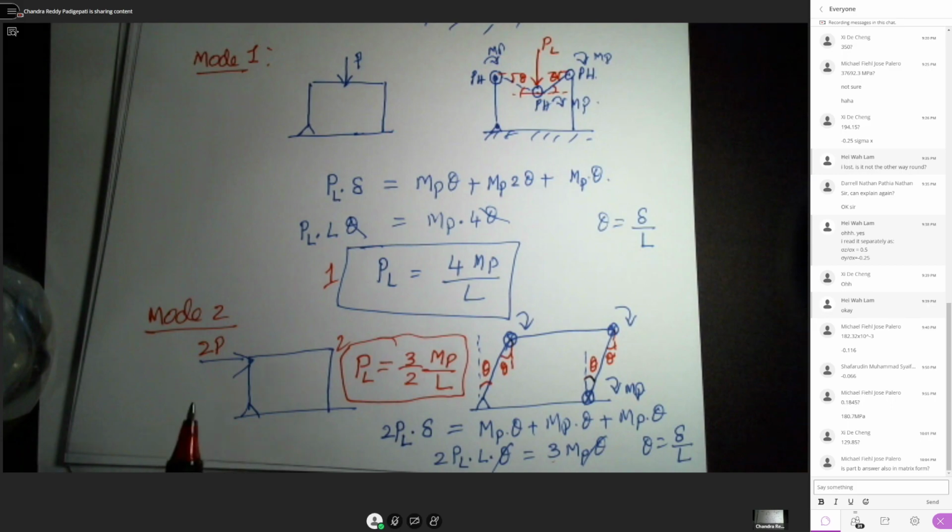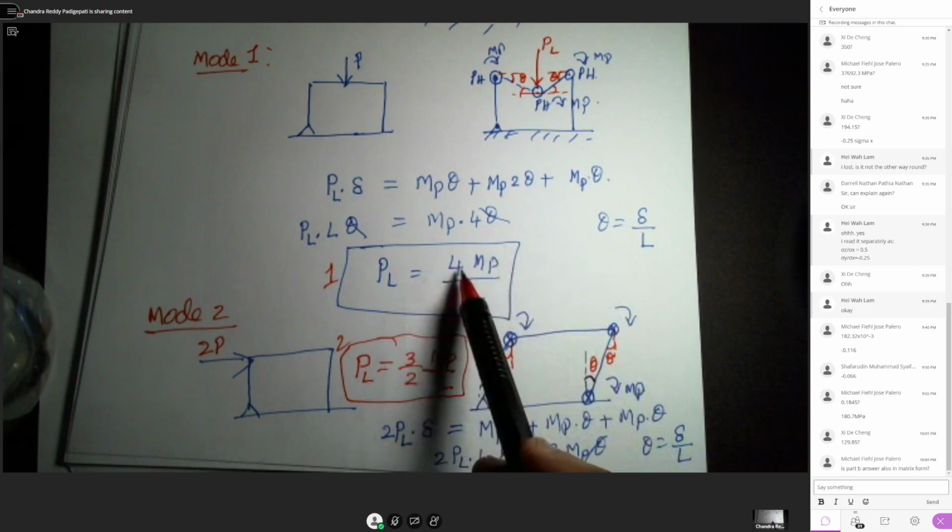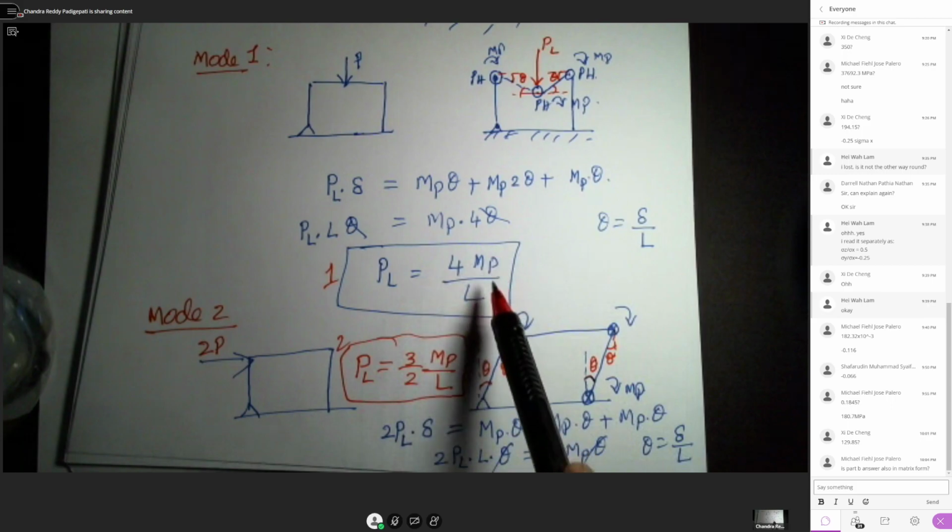All right, so for the third collapse mode, we include both the horizontal load and the vertical load. Here you can see the plastic load is only 1.5 times MP over L, whereas for the first one it is 4 times.